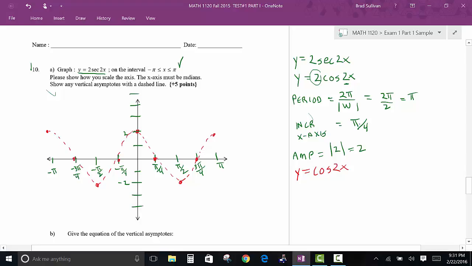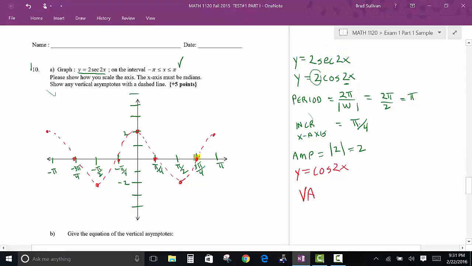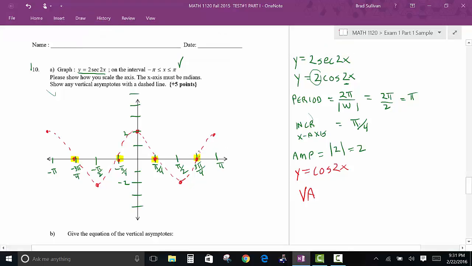All right. Now, the next thing is we need to figure out where these asymptotes are. Okay, the vertical asymptotes are going to occur at places where the cosine is equal to 0. In other words, those are x-intercepts. So I'm highlighting where those asymptotes are going to go. We're going to go straight up. There's your vertical asymptote.